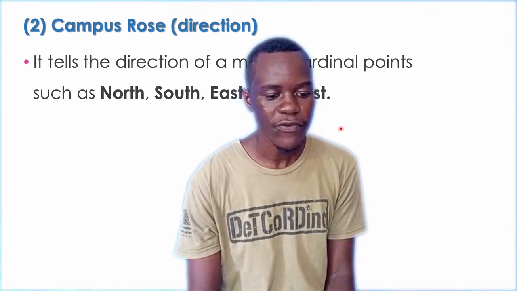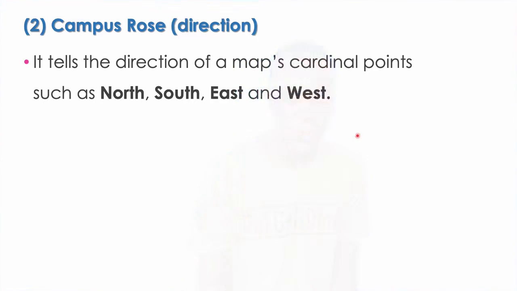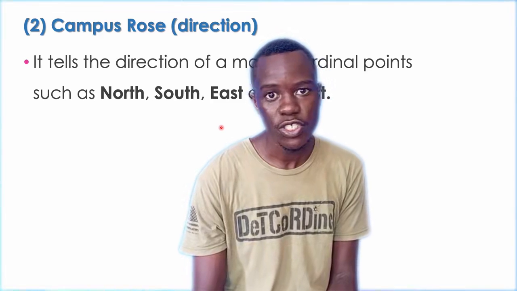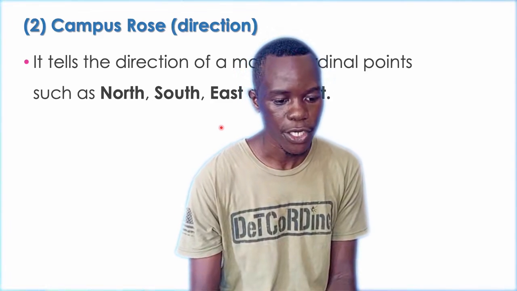So usually you'll find that on the top you have the north, and down you have the south, and to the right you have the west, and to the left you have the east. So if you want to give a direction, you usually use the compass direction.